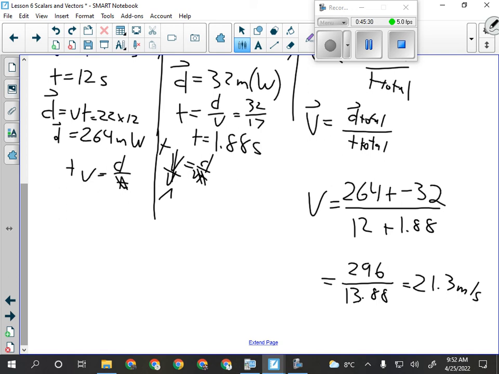It's backtracking. Like the rabbit literally does this, and it turns around and comes back tiny little ways. And then that's it. All I have to do is change the addition to adding a negative so that I reflect this one's west and that one's east, and then do my calculations.